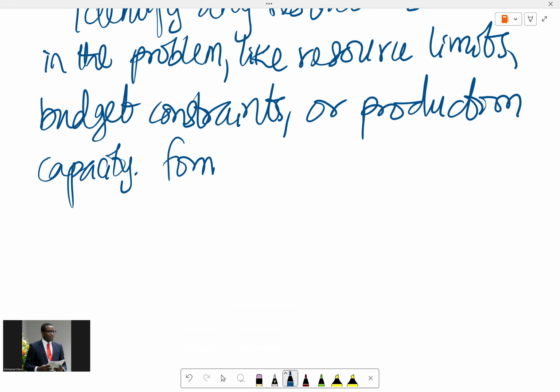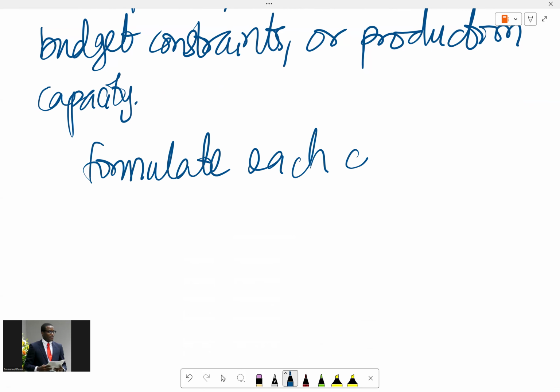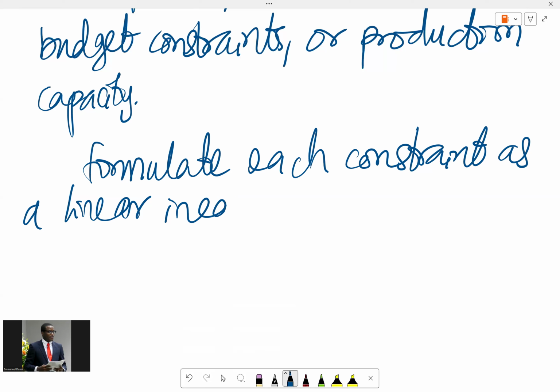So you formulate each constraint as a linear inequality or equation.